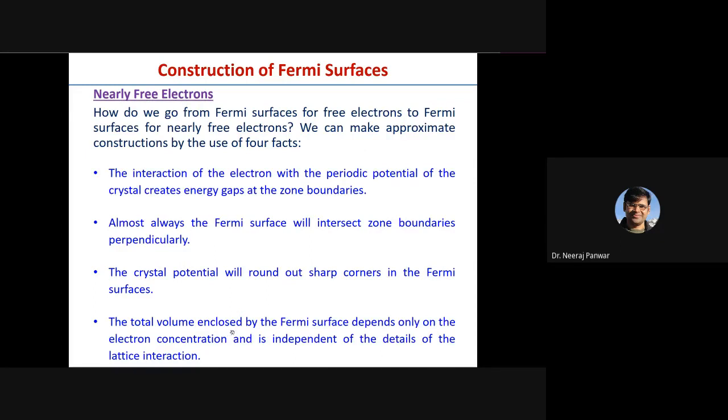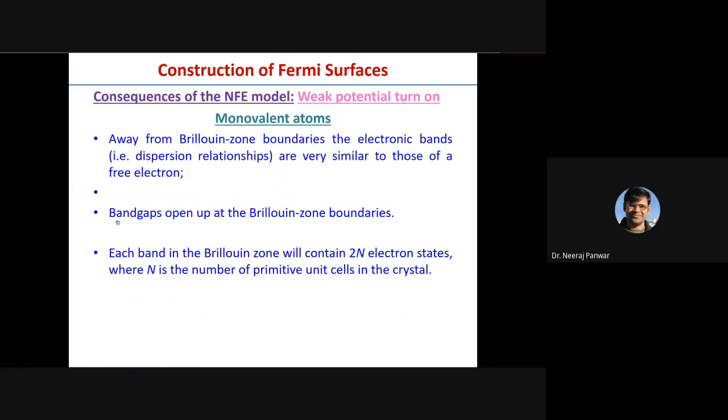The total volume enclosed by the Fermi surface depends only on the concentration of the electrons and is independent of the interaction of electrons with the lattice. Now, what we are doing is seeing basically the consequences of the nearly free electron model. Earlier we discussed the free electron model, and now we are considering the presence of weak potential, when we turn on the weak potential.